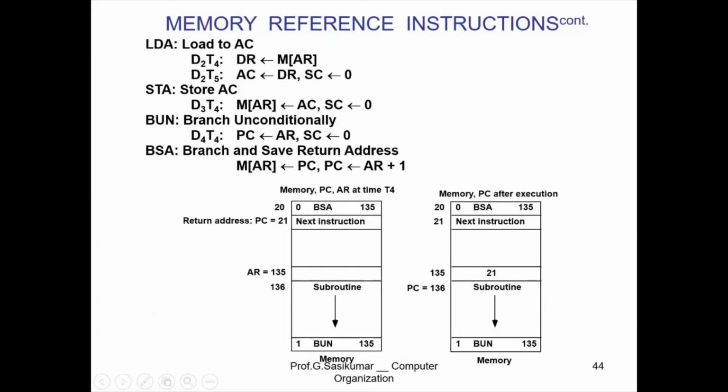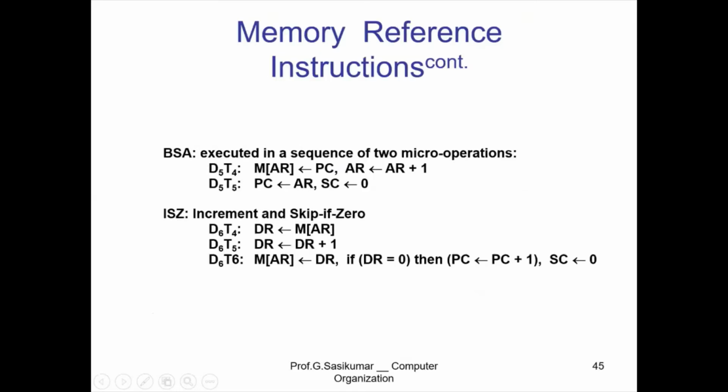We have load, store, accumulator, branch unconditionally, and branch and save return address. These four operations play a vital role in retrieving and storing all the data: your video, your audio file, your C program file. Everything is controlled by the memory reference instruction.